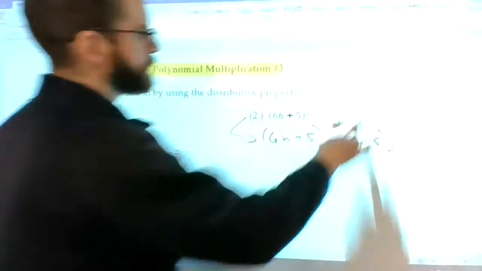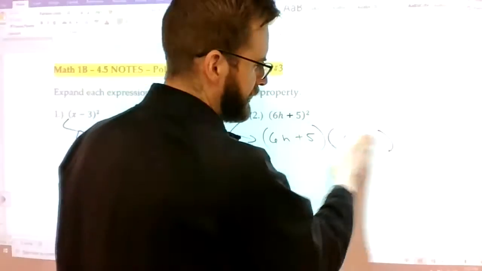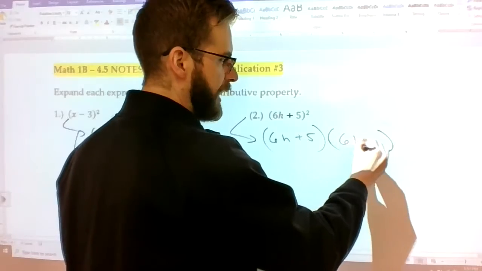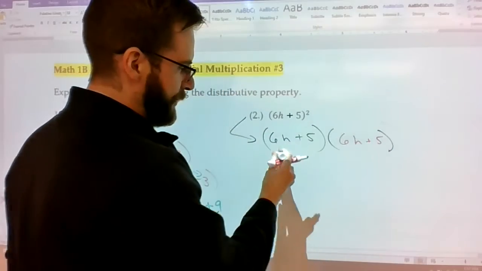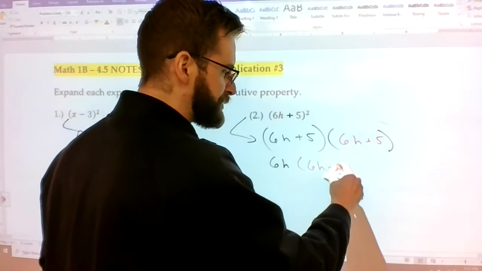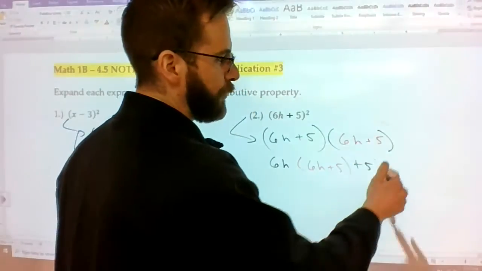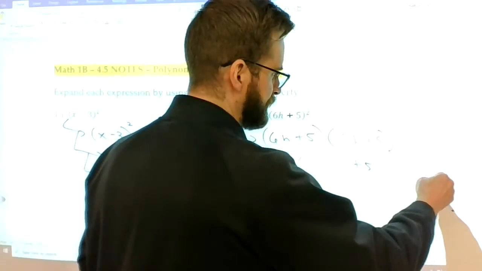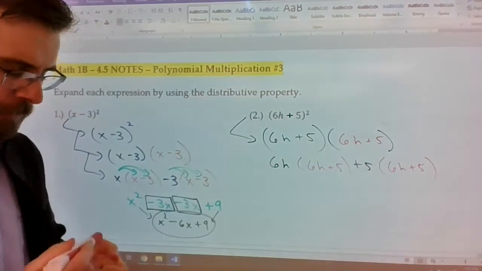And really I should put one in red and one in black just so we're absolutely certain that the black 6h is going to be multiplied by the red 6h plus 5. The black 5 is going to be multiplied by the red 6h plus 5. Again, nothing all that different from what we saw yesterday.